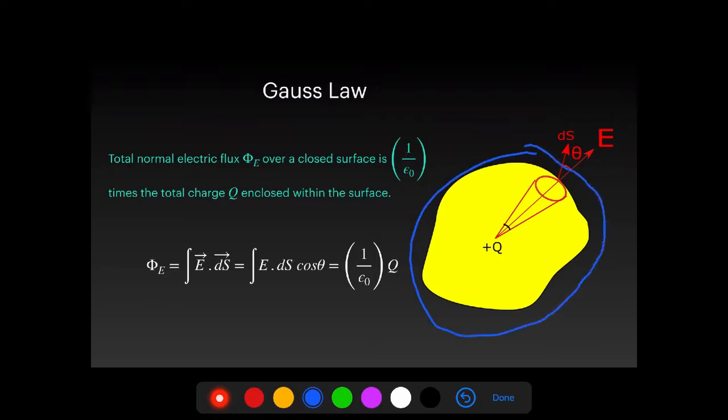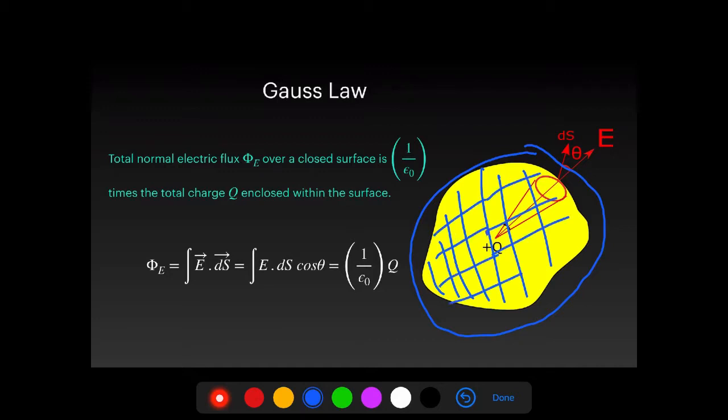If we divide it into several parts, each part will have a different direction of ds bar and a different direction of E. These two, E and ds, at each element give the flux at that point.